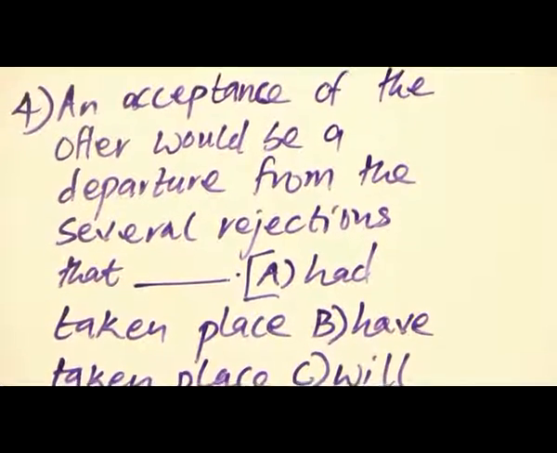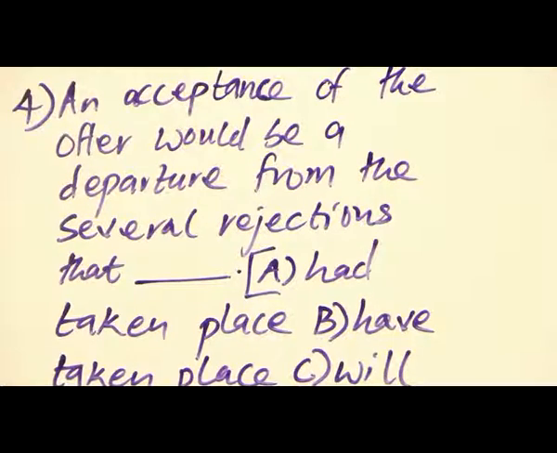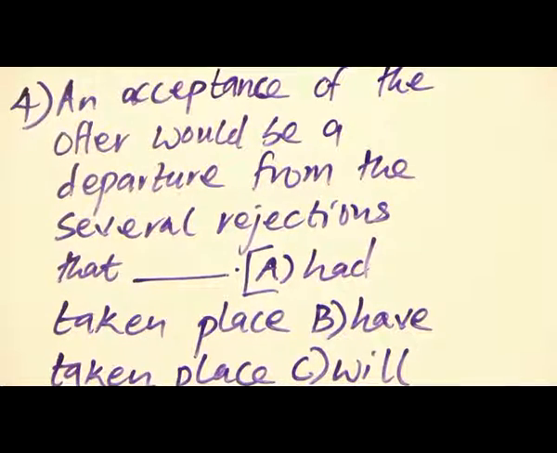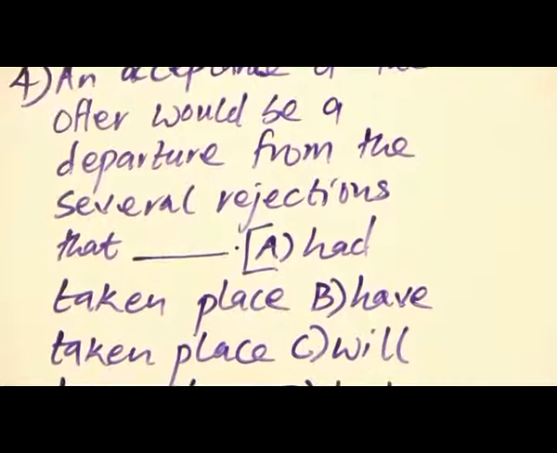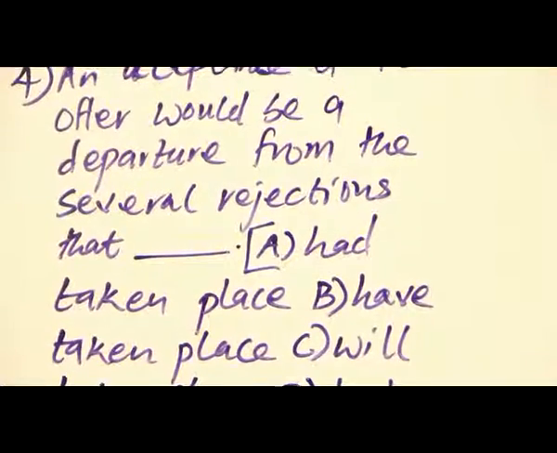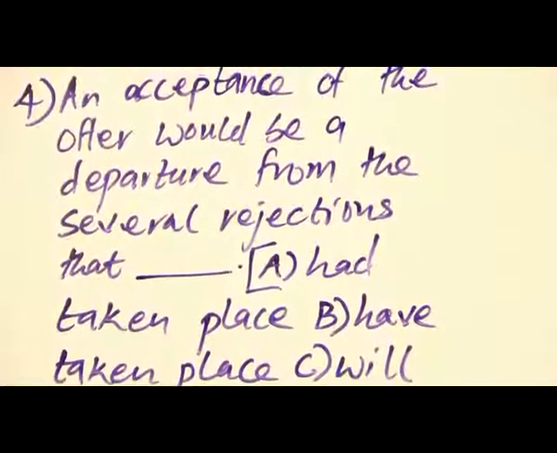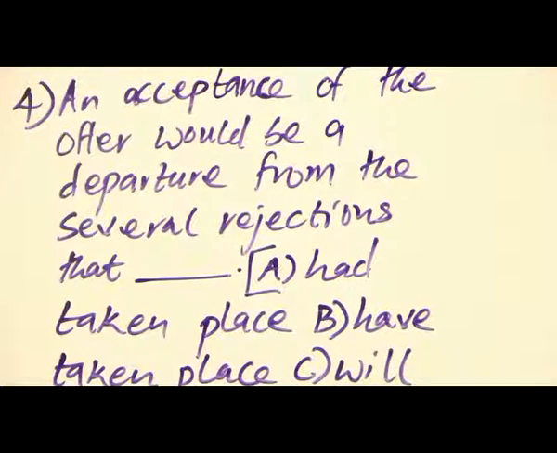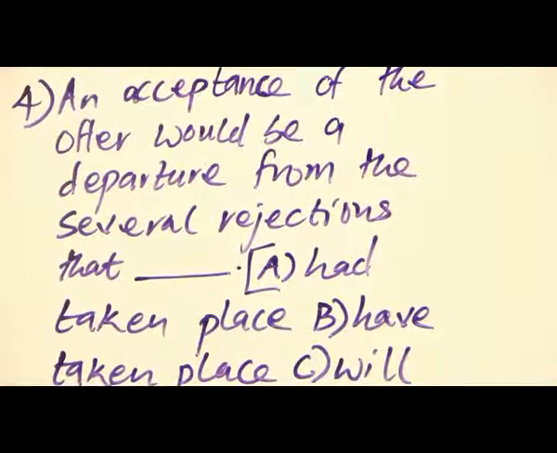because the action had taken place before the other, several rejections, that before this one we are talking of, which is already in the simple past, and they are not operating at the same level, meaning that one had happened before another.